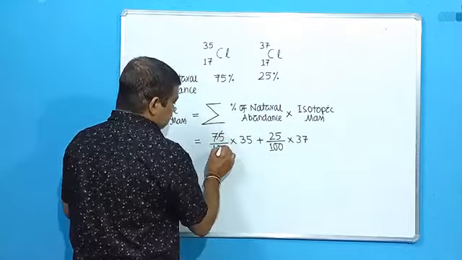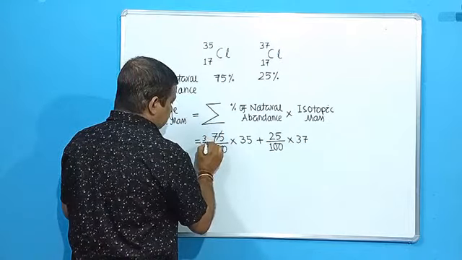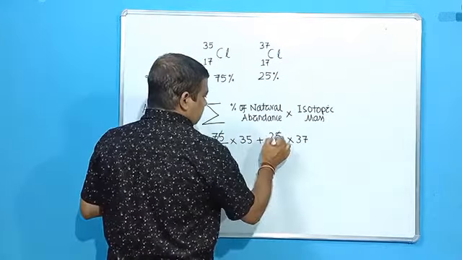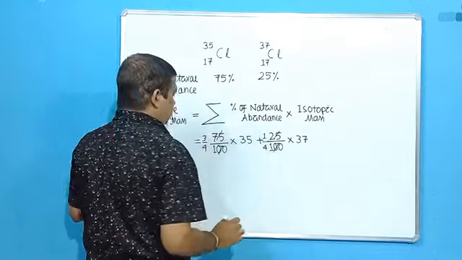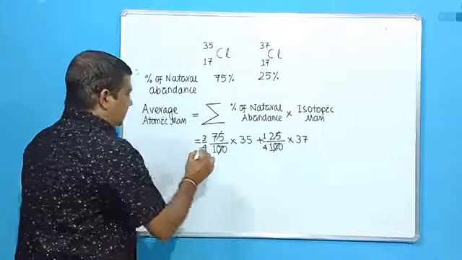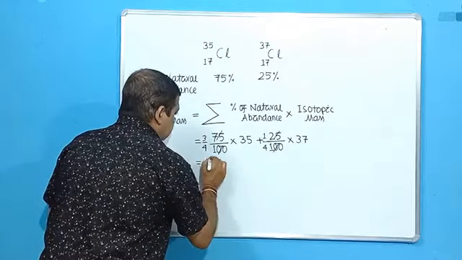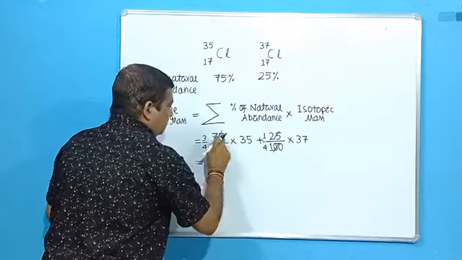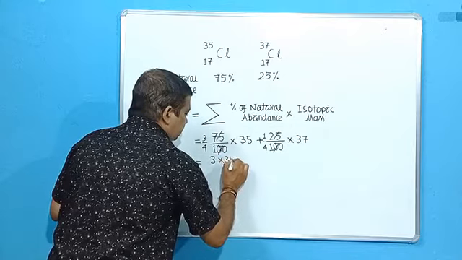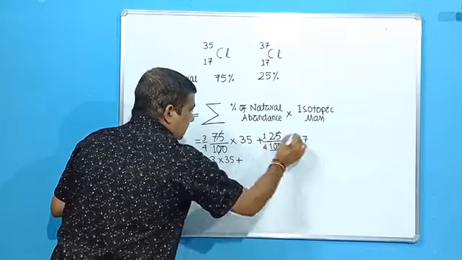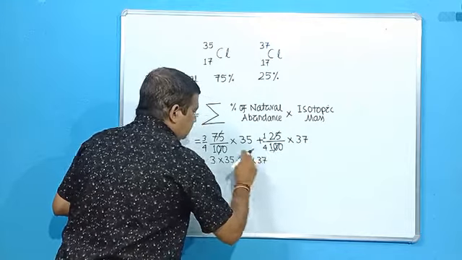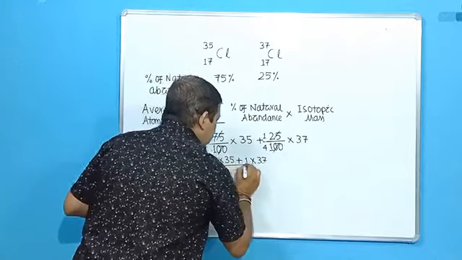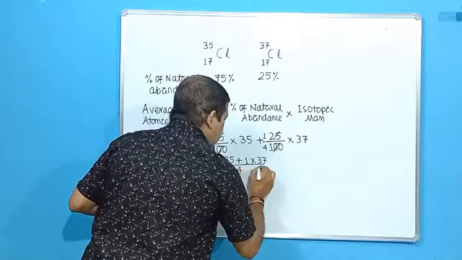If you solve it, it will be 3 by 4 and 1 by 4. So we can write it as 3 into 35 plus 1 into 37, divided by 4.